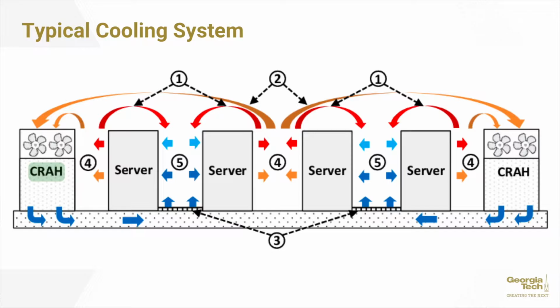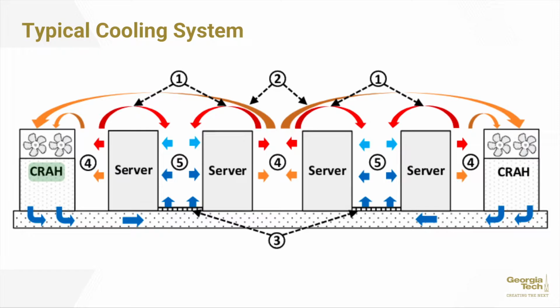So this hot air that the server is pushing out is going to get sucked back in by the CRAH, and it's going to travel over this space over into the CRAH and create this flow. As you can see by the arrows labeled 1, some of this air isn't going to make it to the CRAH. In fact, it's going to get recirculated back into the cold air intakes for some of the other servers.